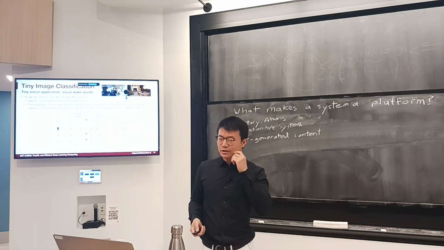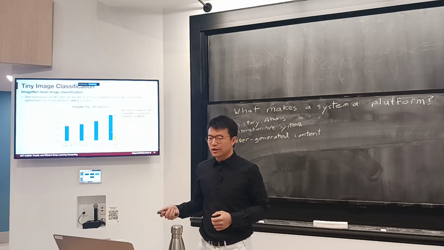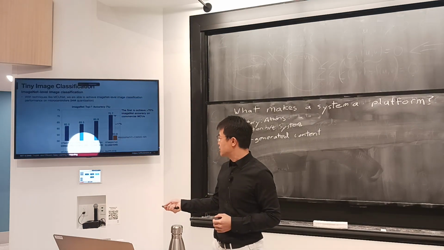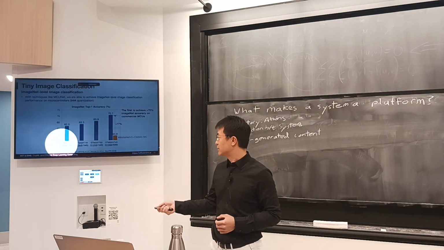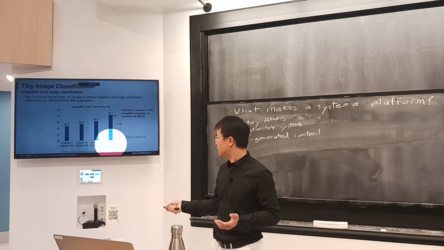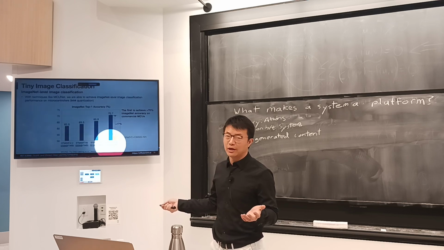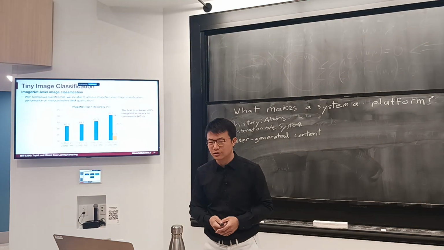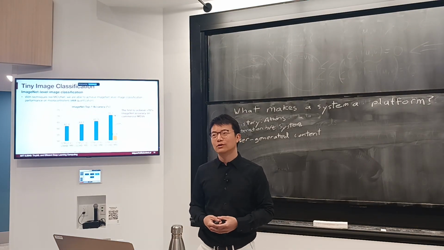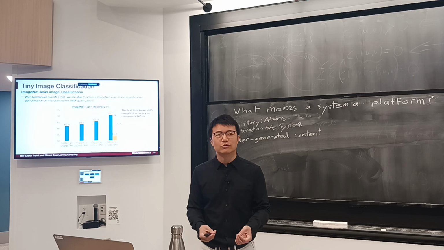By the way, there are different constraints of microcontrollers. Some of them have 256 kilobytes, some have 2 megabytes of flash, some have 1 megabyte of flash. It's very hard to design different models for different constraints.